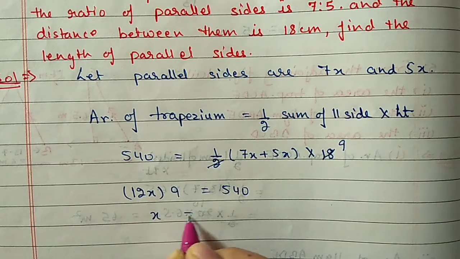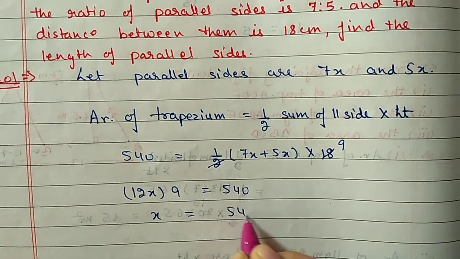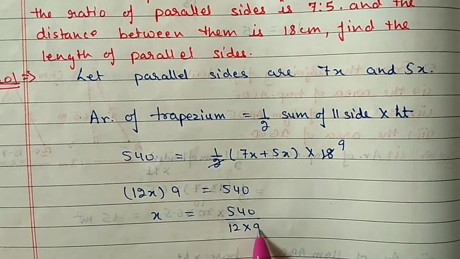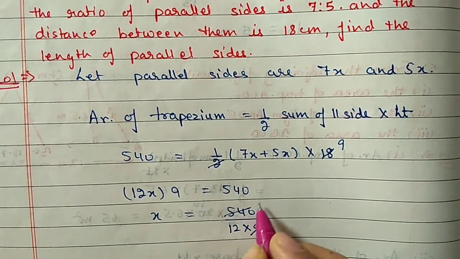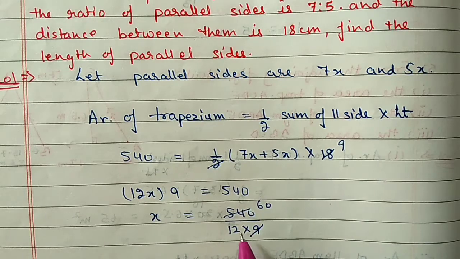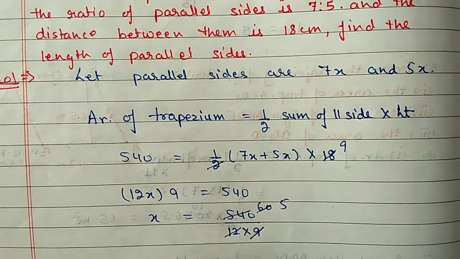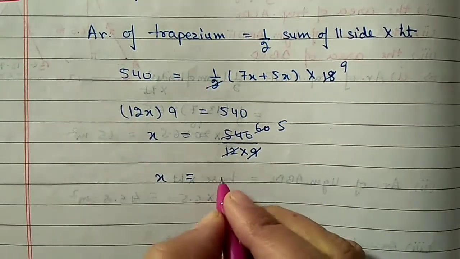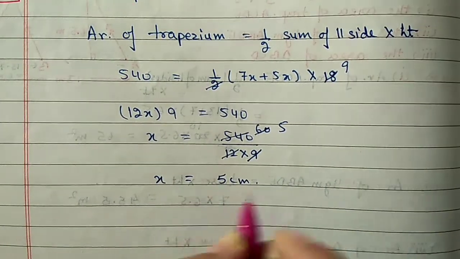This x we can keep and this 12 and 9 we can shift to the other side. It will go for division. Now you can cancel 9 6 54, 60 times, and 12 5 60. So the value of x we got here is 5 centimeter, which we can substitute.